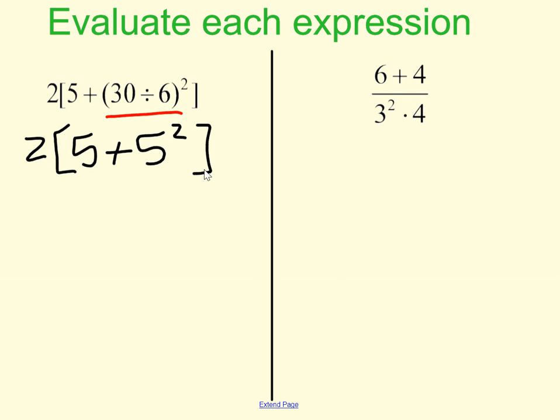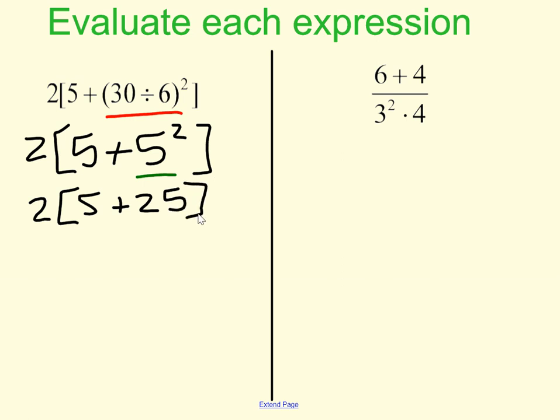Our next step, we want to take care of everything that's still inside our parentheses, which in this case we have exponents. So we have the 5 squared. That should be the next thing that we do according to order of operations. So we have 2, 5 plus 25.